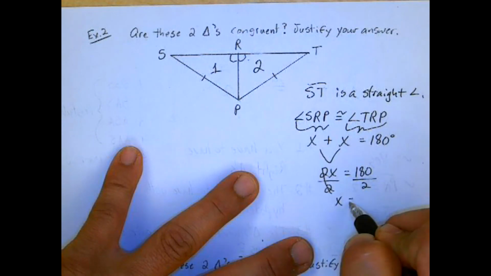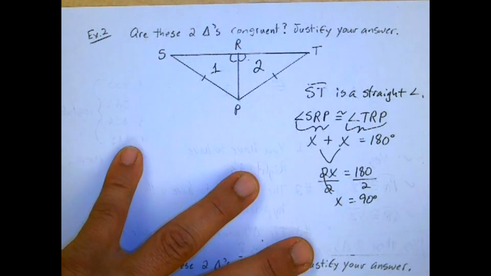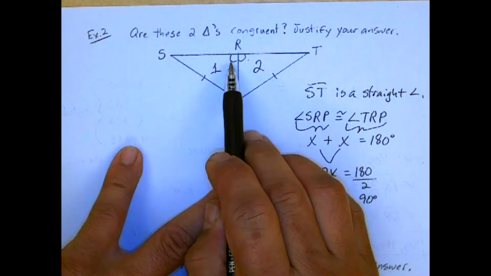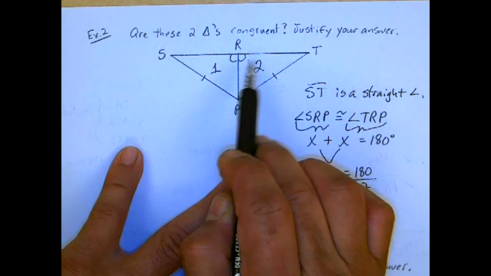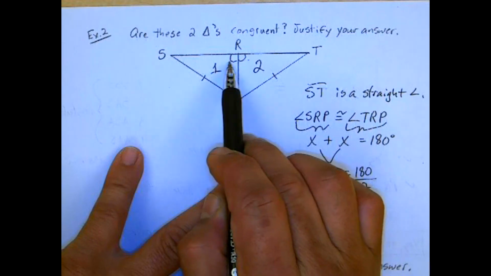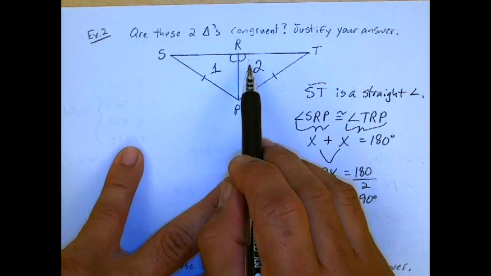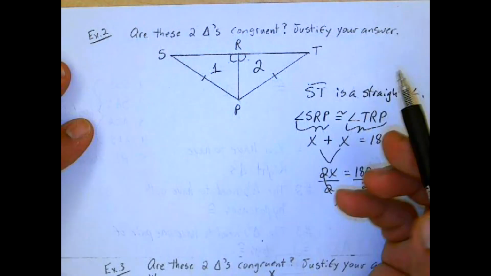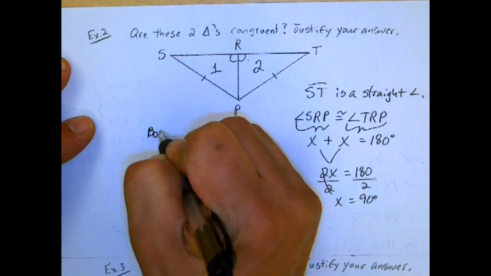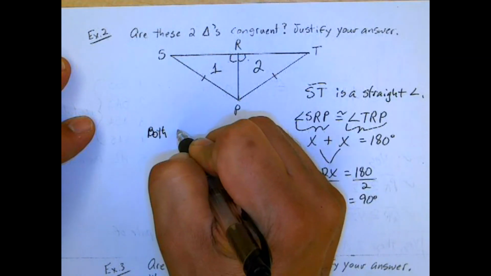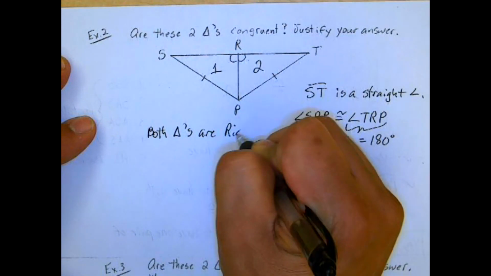So the angle, or angle X, is going to be 90 degrees. So basically what I'm showing you is, since both of these angles are congruent to each other, and ST is a straight angle, the only two angles that can fit right there is a 90-degree angle. So do we have, in fact, two triangles that are right triangles? Yes, we do. So both triangles are right triangles.